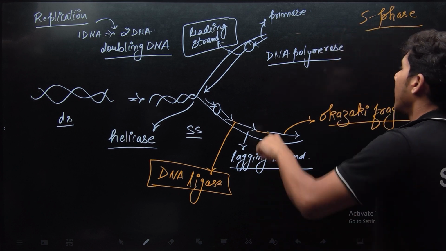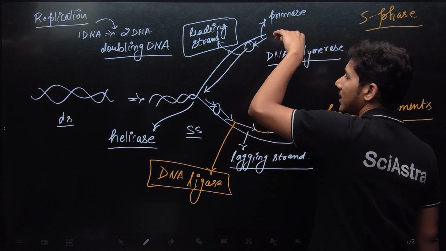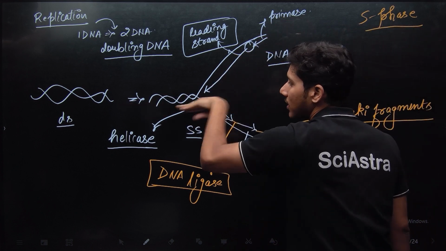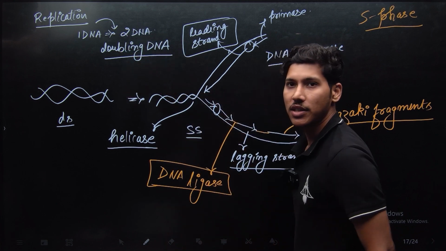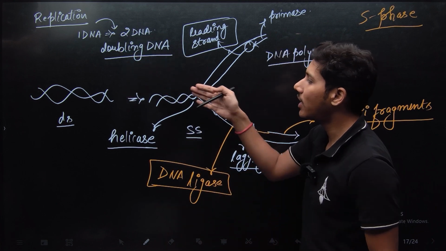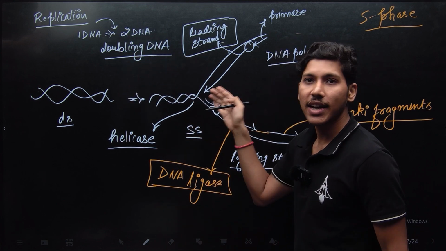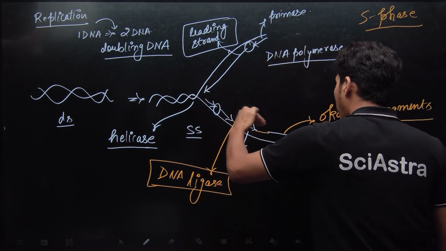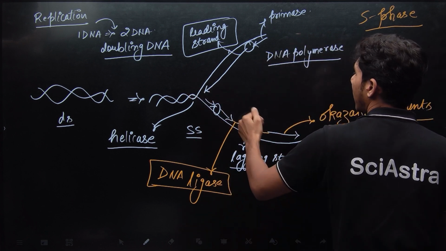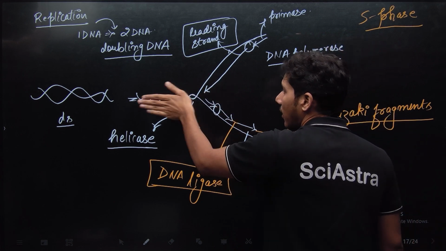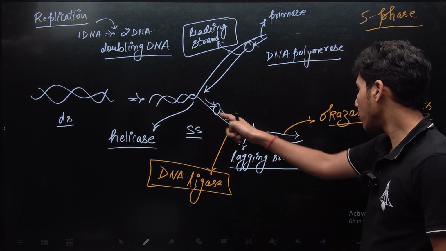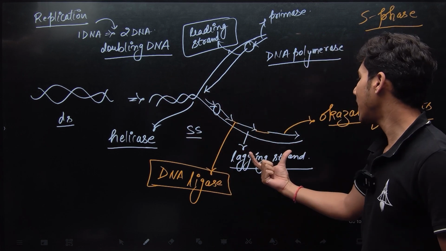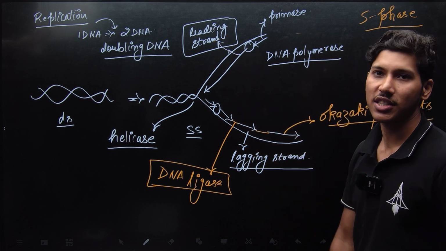But DNA polymerase is able to move towards the unwinding site, the side where things are getting unwound. But this strand is formed opposite to the direction of unwinding. That's why this strand is a lagging strand, and this is a leading strand. Why?